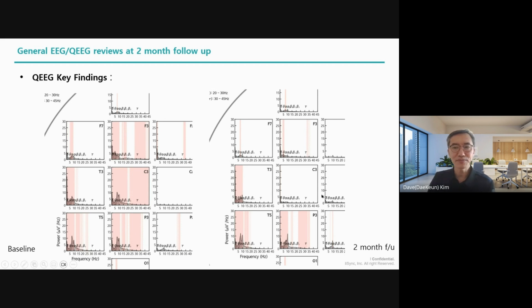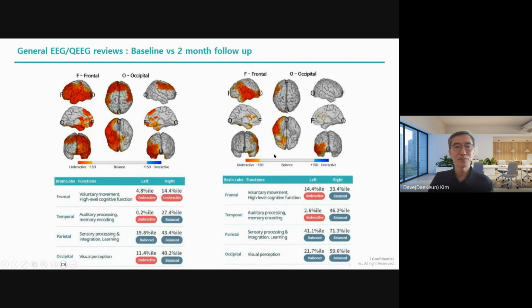So 10 Hertz stimulation in the left hemisphere and 12 Hertz stimulation in the right hemisphere, and the combined 12 Hertz stimulation, that was the protocol. That kind of protocol made effective changes in this case. And this is the pre and post of our summary report.